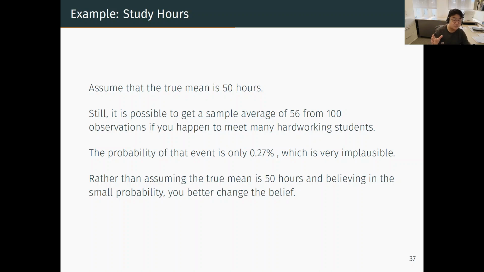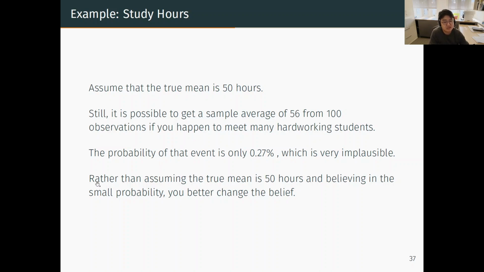That is possible. However, for that to happen, the random error must be really large. And a random error this large happens with probability only 0.27%. A very unlikely random error. It is too large to be likely, so this big random error does not happen often.